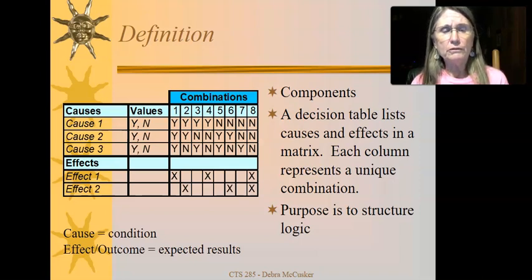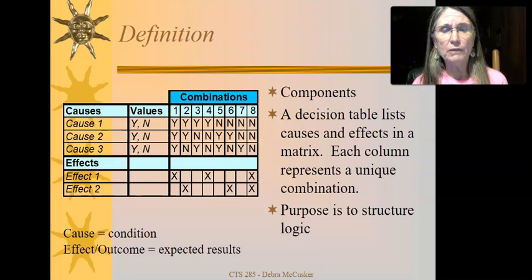A decision table takes the form of a chart, and it lists at the top part of the chart things called causes or inputs. And then at the bottom portion, we see results or effects.